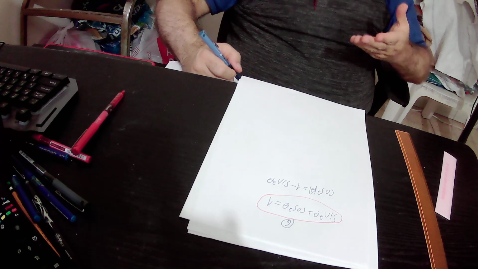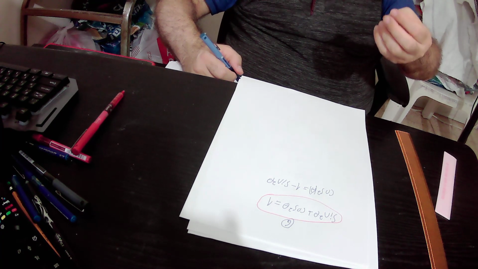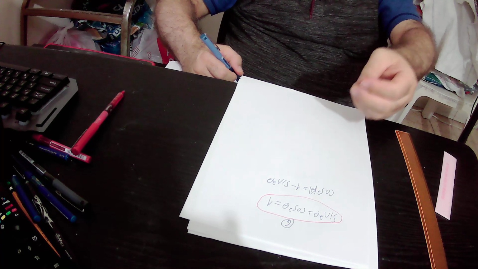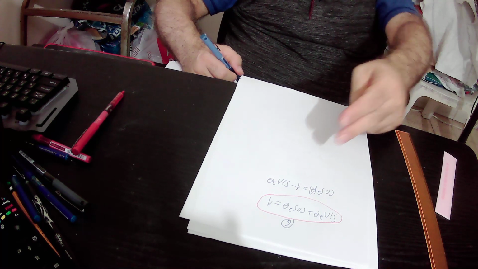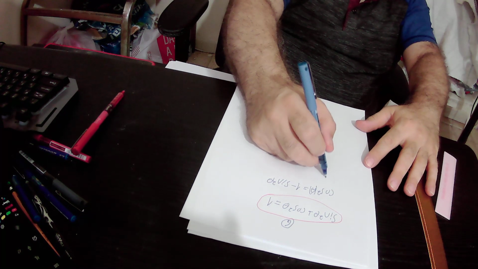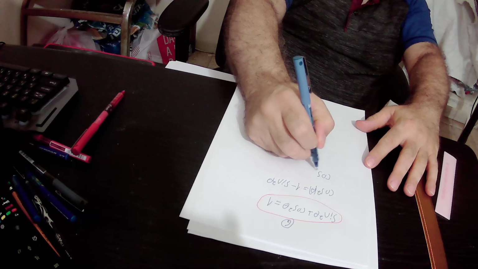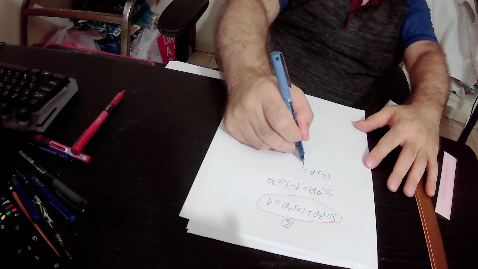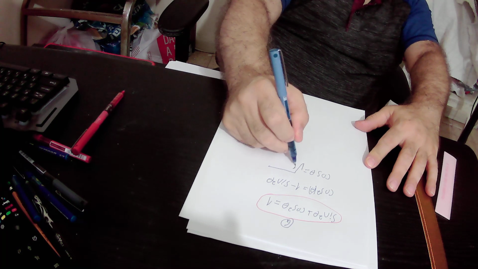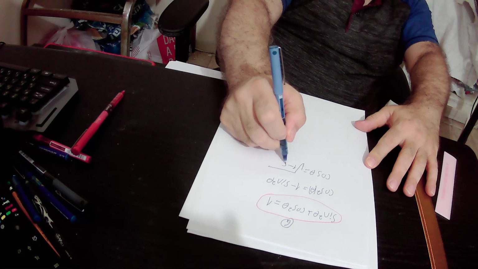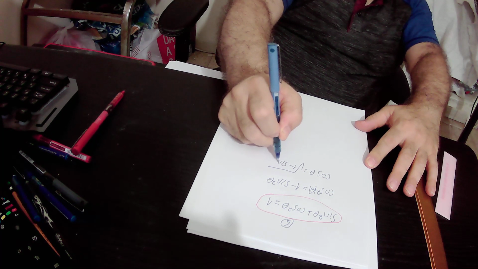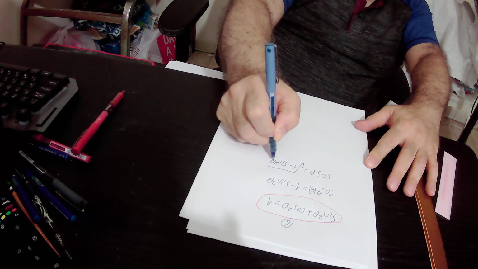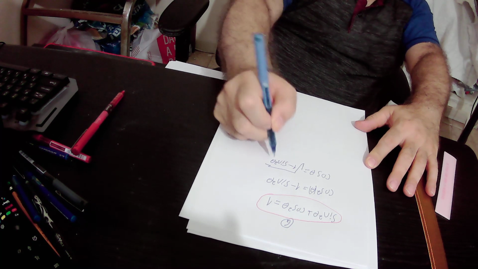Okay, in the next step we will take a root out of this equality and we will get that cosinus theta equals the root of 1 minus sinus theta squared.